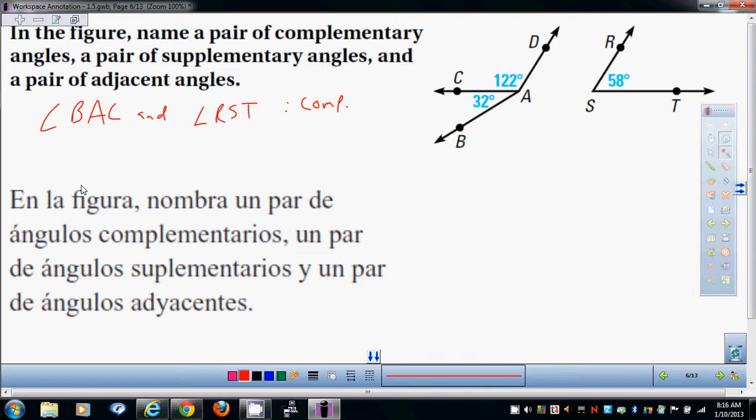Someone else. Yes, ma'am. Perfect. DAC and RST are supplementary. They add to 180. Very good. And last but not least, what's a pair of adjacent angles in this picture?